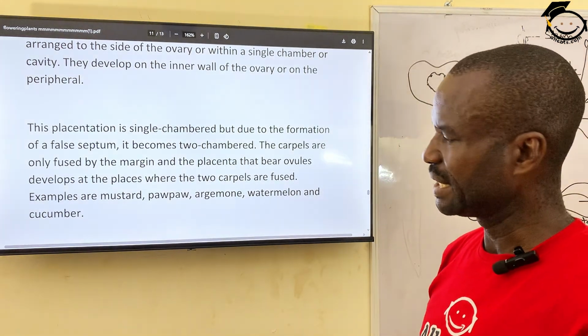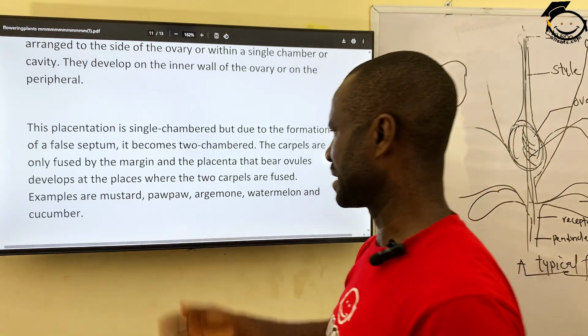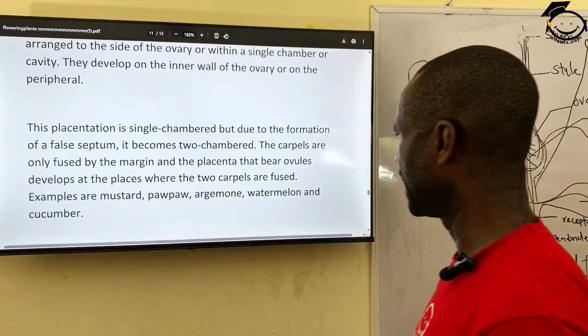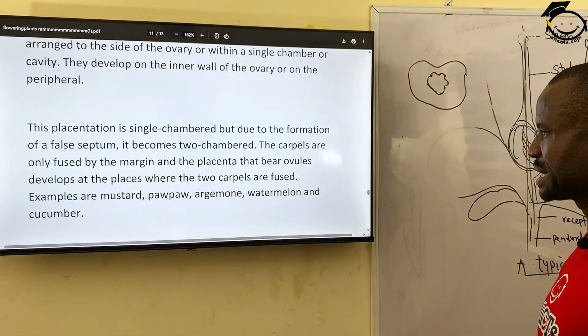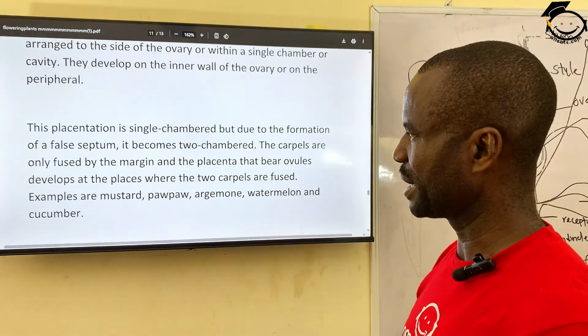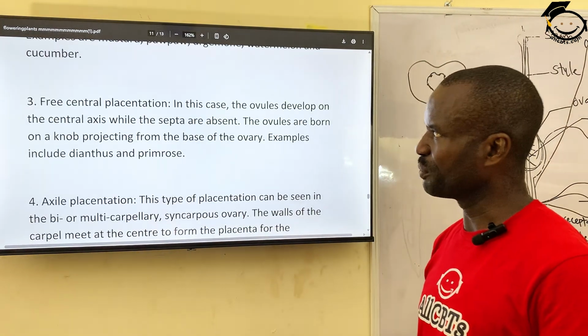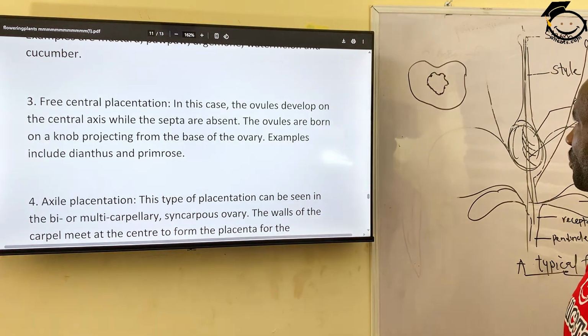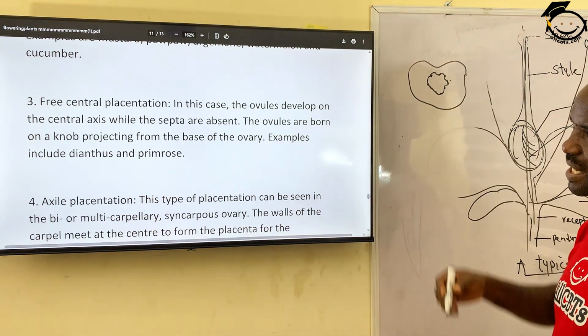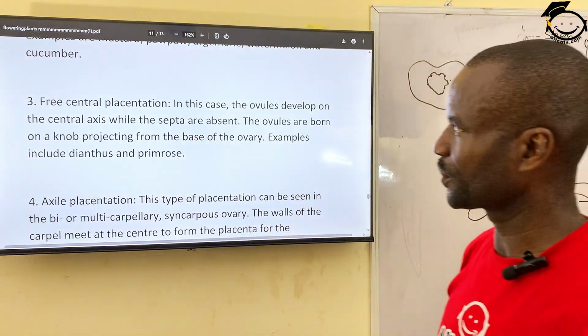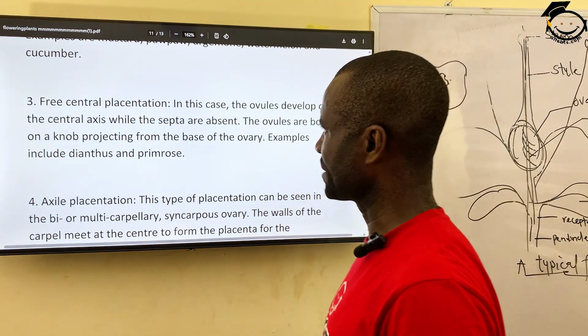You understand? Now, examples are mustard, pawpaw, argemone, watermelon, and cucumber. If you must remember one example, at least pawpaw is a basic example which you are familiar with. Number 3 is free central placentation.